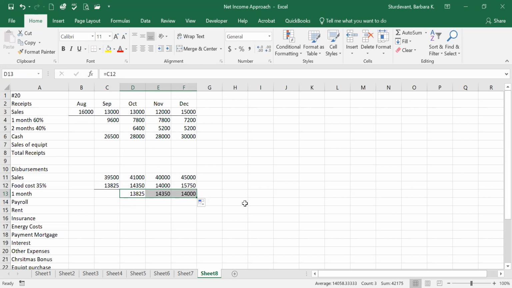October's in November, November in December. Now December, we talked about this a little bit the other day. If you were doing pro forma financial statements, this amount right here would be your accounts payable, because that's what you still owe. Up here, our accounts receivable would be what we still haven't collected.